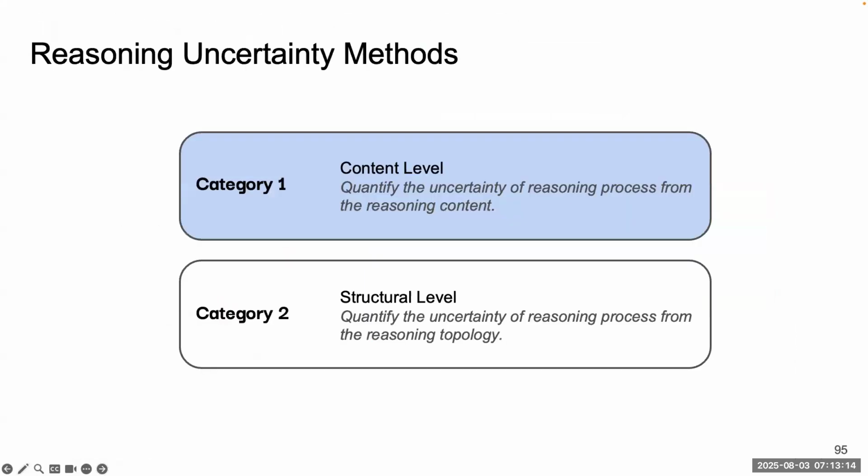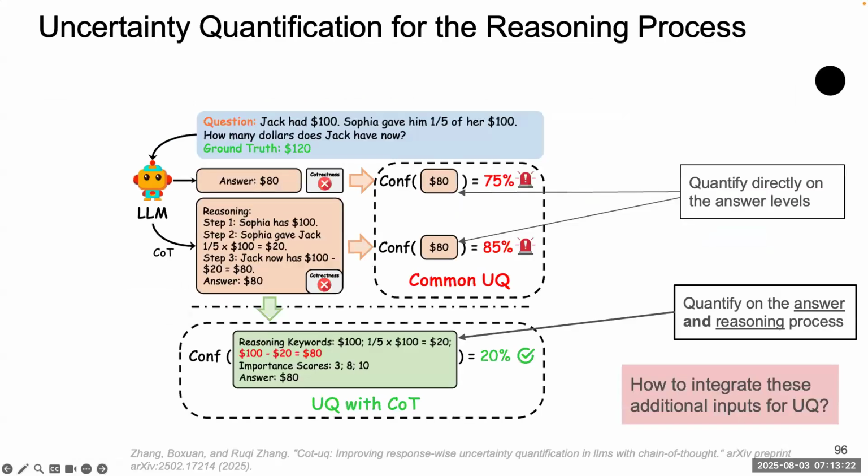Right? And then let's talk about how we quantify this variability in the reasoning process. The first one is content level. Like I said, you just treat the generation of the reasoning content as a paragraph, and you can just compare the semantic variability between those paragraphs. That's very straightforward, right? And then in this paper, they're doing something more.